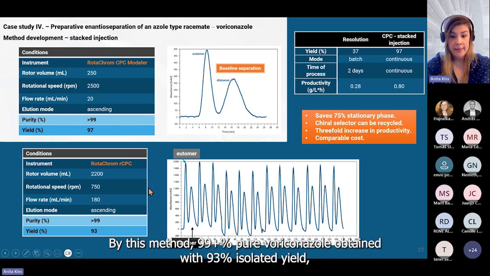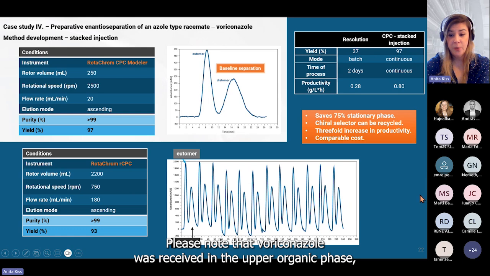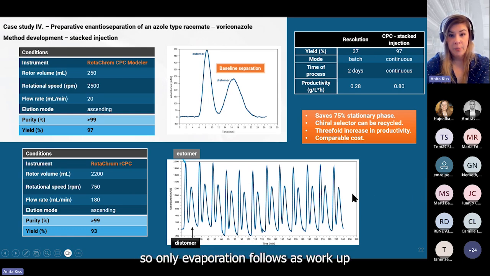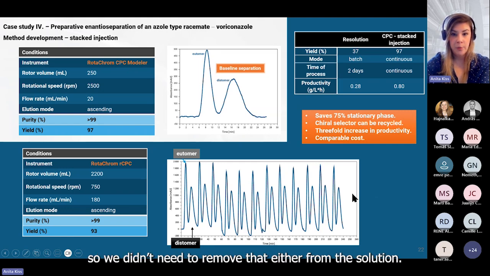By this method, 99 plus pure voriconazole was obtained with 93% isolated yield, which I would say is quite good for enantiomer separation. Please note that voriconazole was received in the upper organic phase, so only evaporation follows as workup, and it first met with the selector on the rotor, so we didn't need to remove that either from the solution.